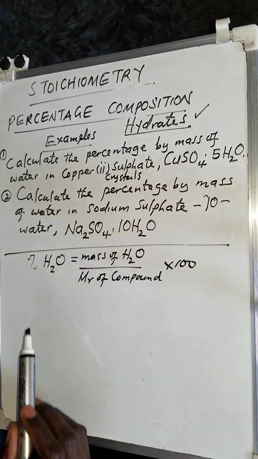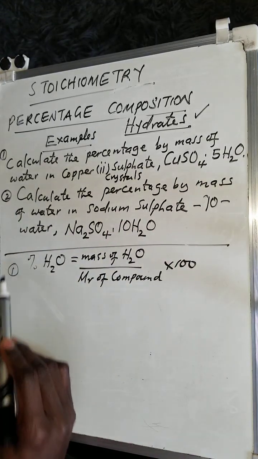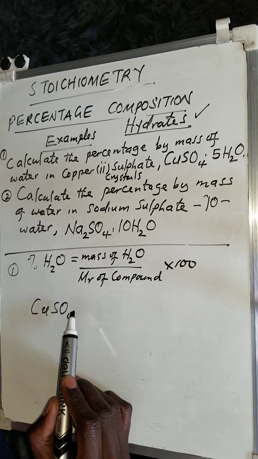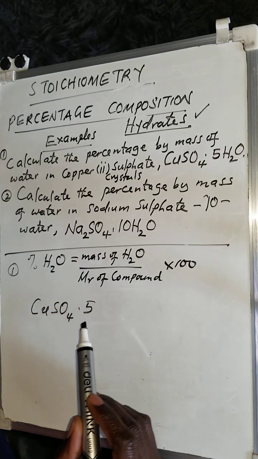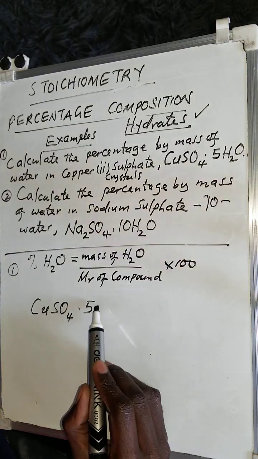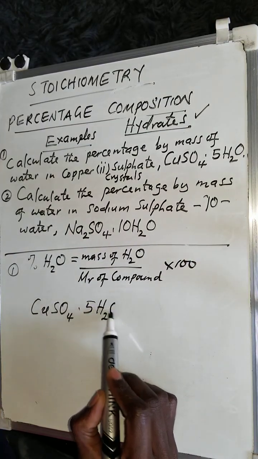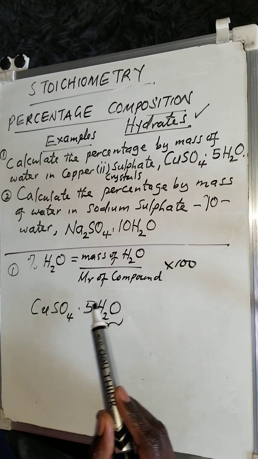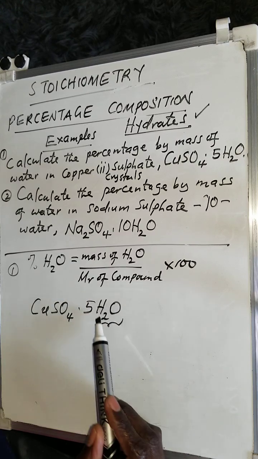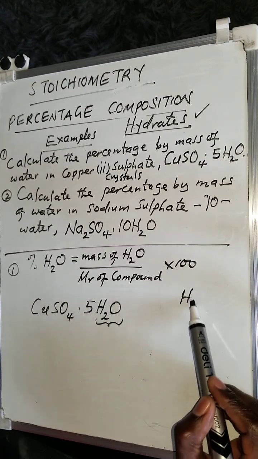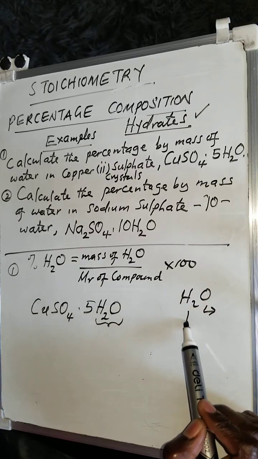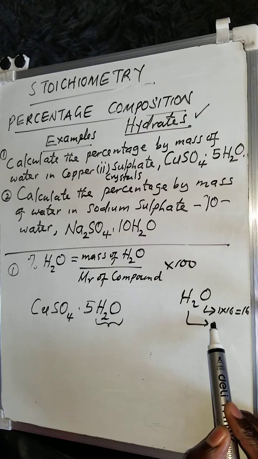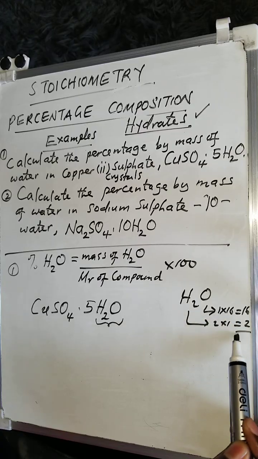Remember how to find the Mr? Like in the first one there, they tell us copper 2 sulfate, that is pentahydrate, or 5 water as you are calling it. Remember what I told you, you can treat this as 1 because the Mr of water is 18. H2O, oxygen and hydrogen: 1 times 16 will give you 16, then 2 times 1 will give you a 2, that will give you 18.